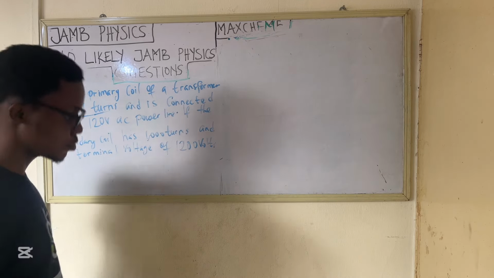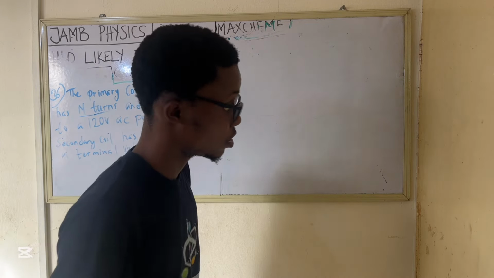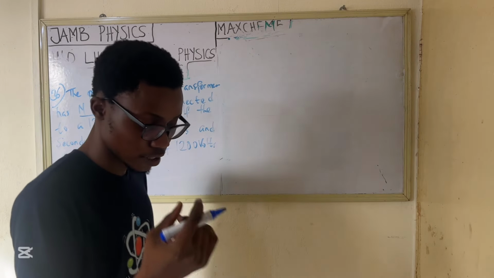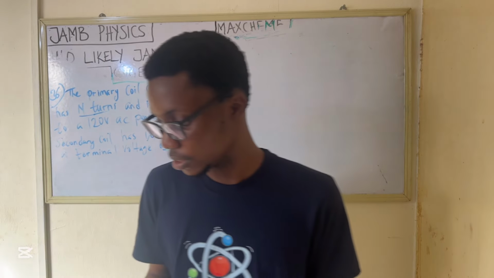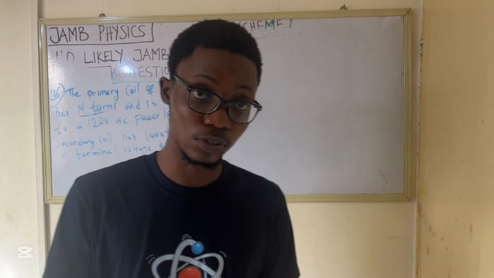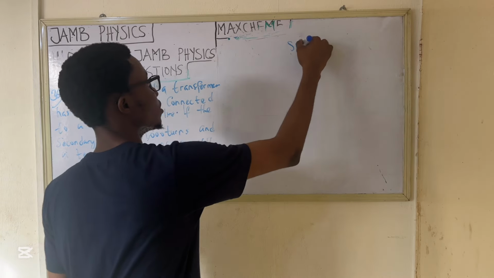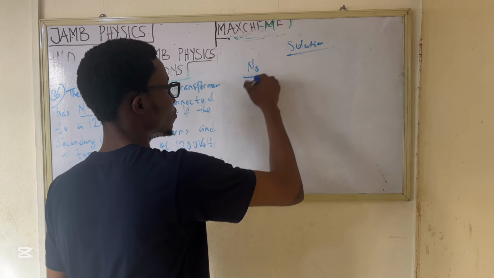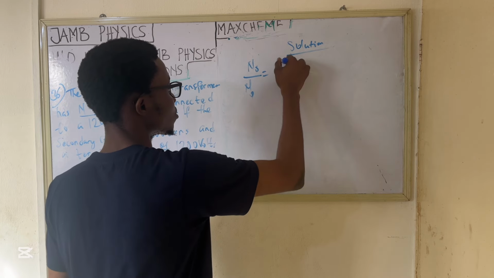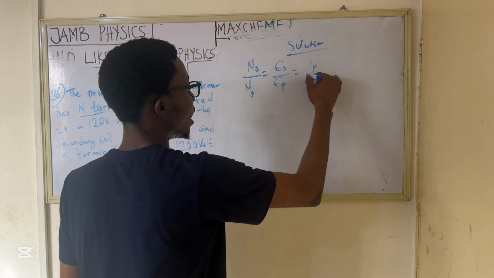In order to do this, if you can remember our transformer formula, the one that deals with electromotive force, number of turns and current. We have NS over NP is equal to ES over EP, which is equal to IP over IS.